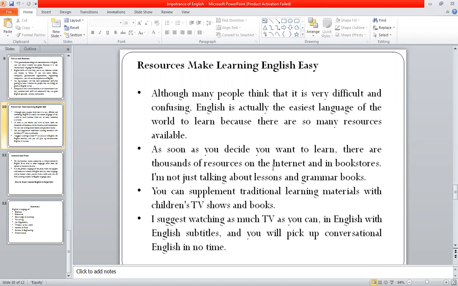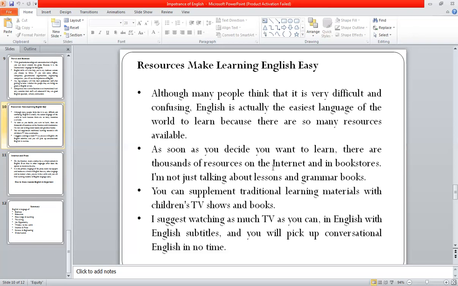Then see the second one. As soon as you decide you want to learn, there are thousands of resources on the internet and in bookstores. When you decide to learn this language, you will find thousands and millions of resources on the internet: videos, books, PDF books.